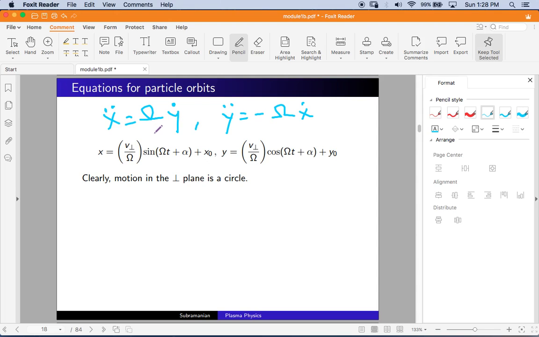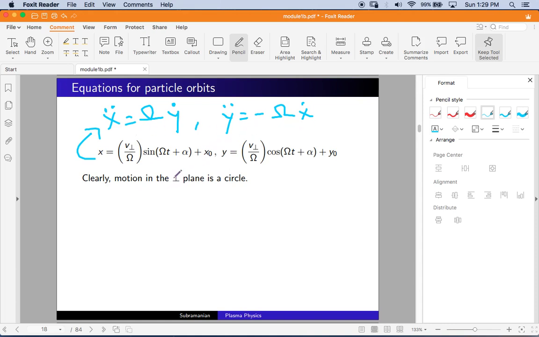Either that, or you substitute for the x dot, and you try to get the equation exclusively in terms of y. As always, it's not so important to derive the solution itself. It's important to be convinced of the solution. So you plug this in here and verify that this is indeed the case.